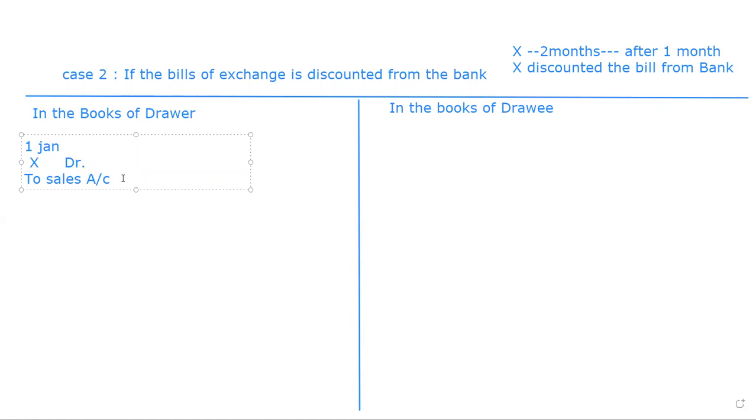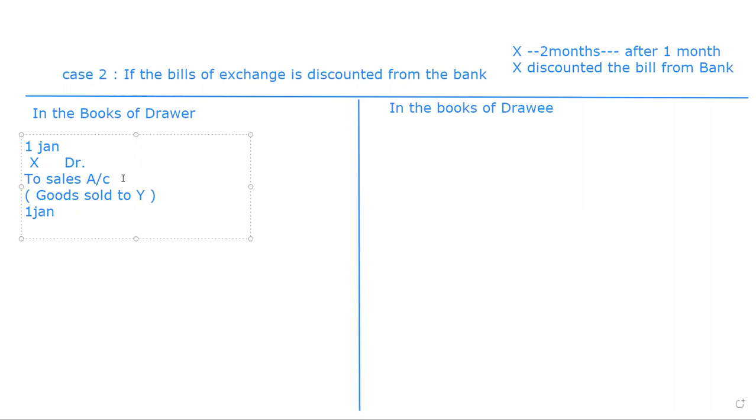In the narration, we will write goods sold to Y. After that, the bill is to be drawn, again on 1st January.